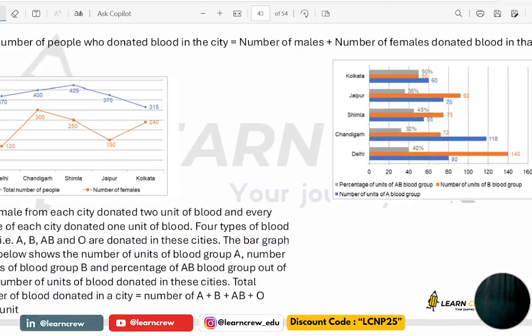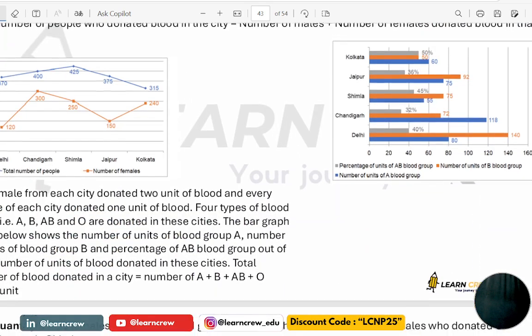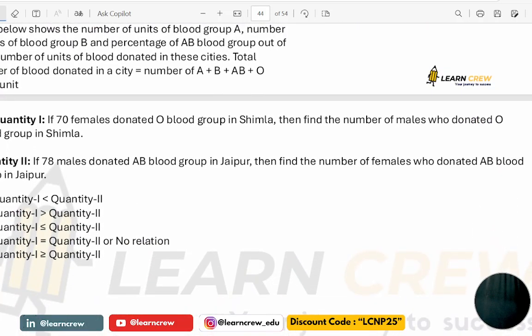Next, question number 32. Quantity 1: 70 females donated O blood group in Shimla. Then find the number of males who donated. Let the number of males who donated O blood group be x. According to the question, 2x plus 70 is equal to 200. Thereby, x should be 65.